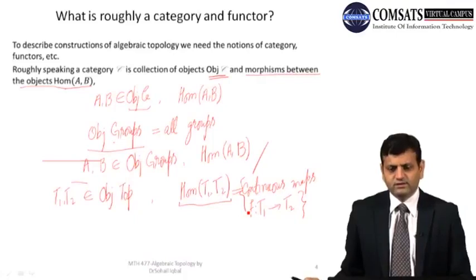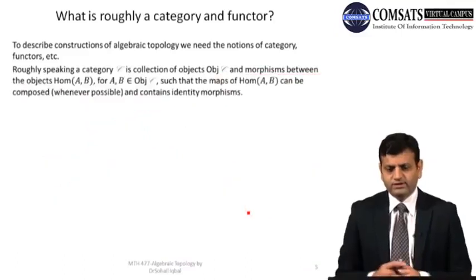So far we have studied two components that are part of the definition of a category. First we need objects, and second we need morphisms between the objects. And the third component is that we should be able to take composition of these mappings.